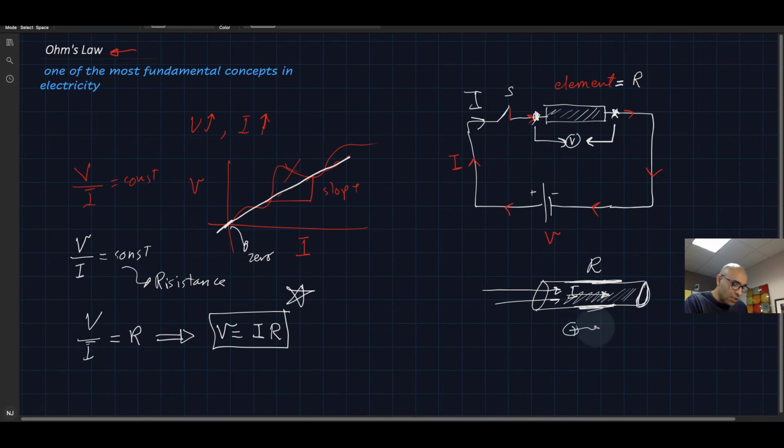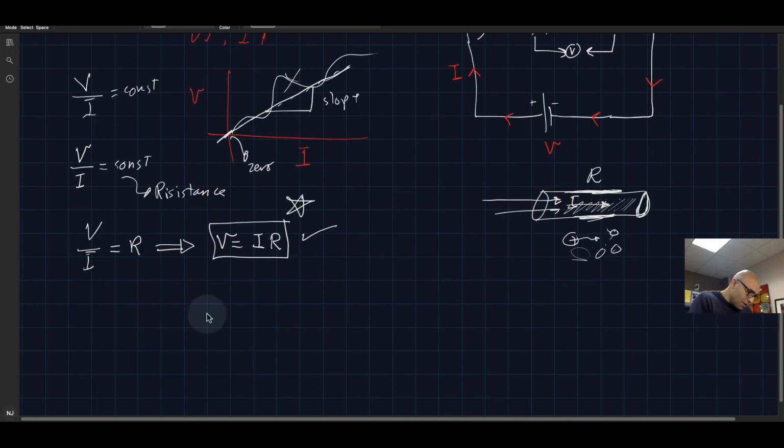We know by convention it's the positive charge. As it's going through the material of the wire, it's hitting other charges. It's interacting with the walls of the wire. It's doing this, so it bounces back and forth, and that's actually the resistance. Okay. So the voltage difference across this element will be equal to the magnitude of the current times the magnitude of the resistance. All right, and this is a very important equation, as we mentioned.